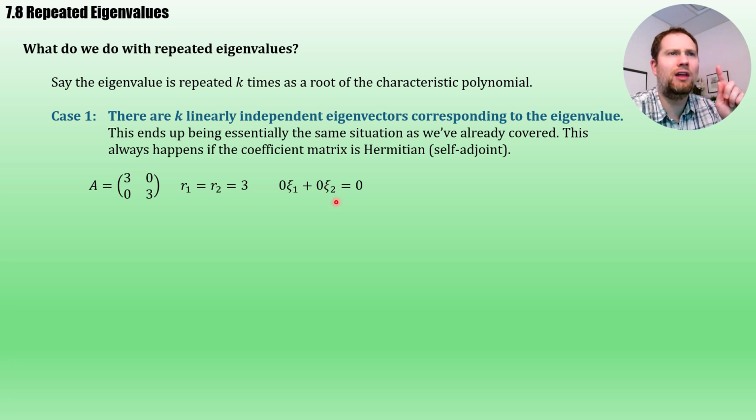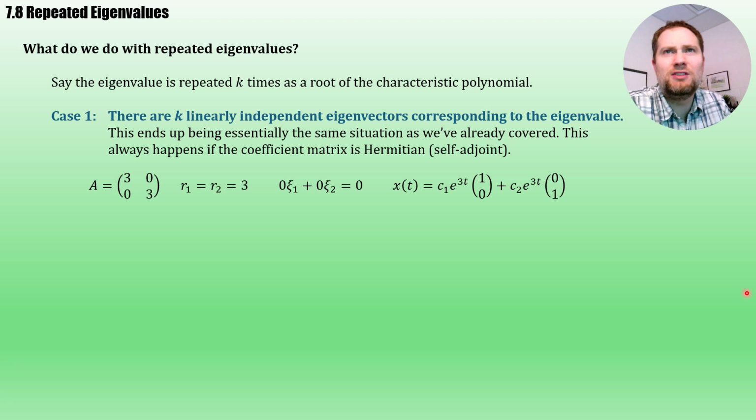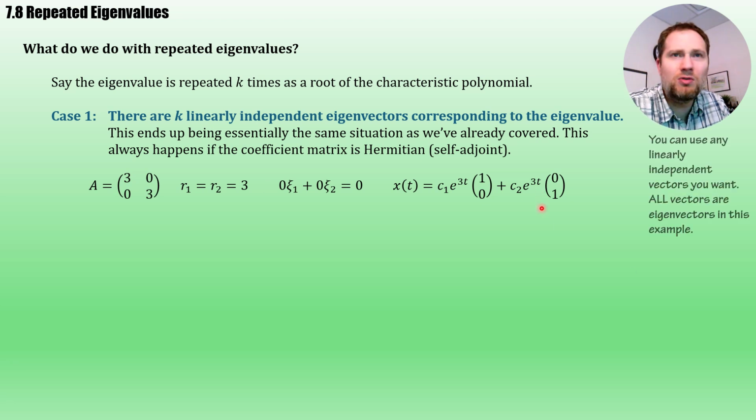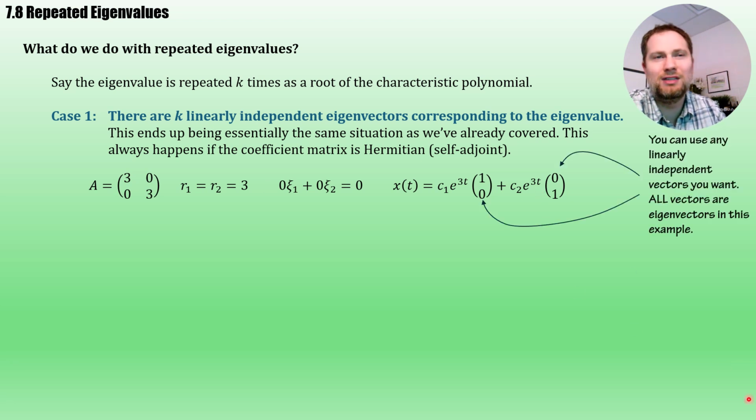The eigenvector needs to have 2 components that satisfy this equation. Oh my goodness, could we find some? Well, of course, anything works for that, right? Anything at all. So provided these are linearly independent vectors, you can actually pick anything you want for these vectors in this case.